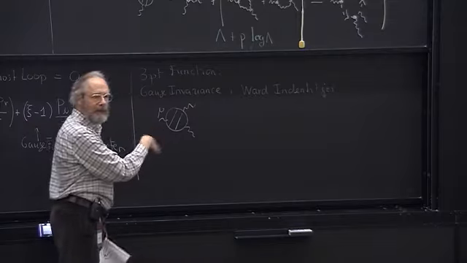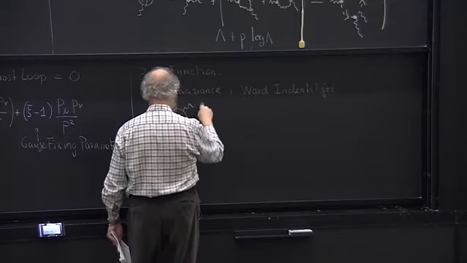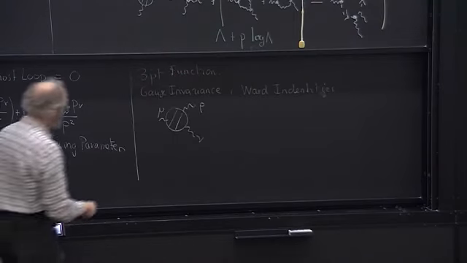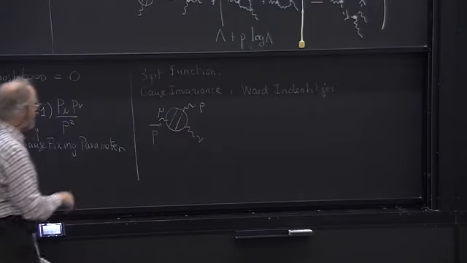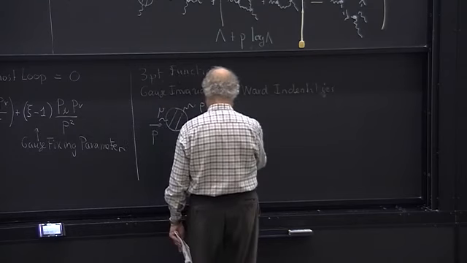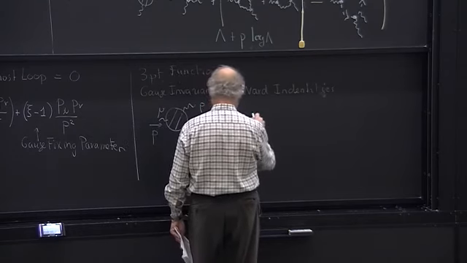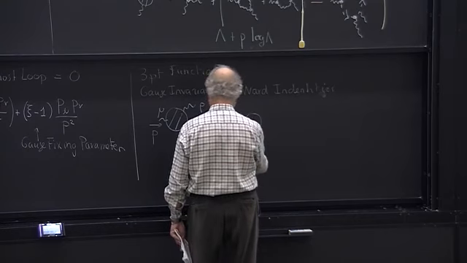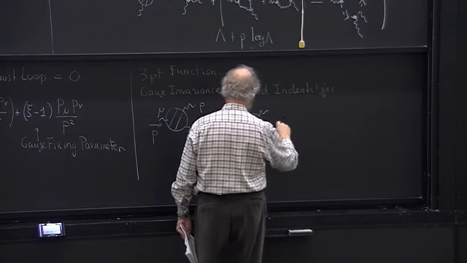It contains some group index, etc., but it contains μ, ν, and ρ. So in fact, it's a 3-tensor. It's a function of the momentum p here, or the other momentum. And what you want is that if you have p^μ times this object, contracted with physical indices here, this gives zero.